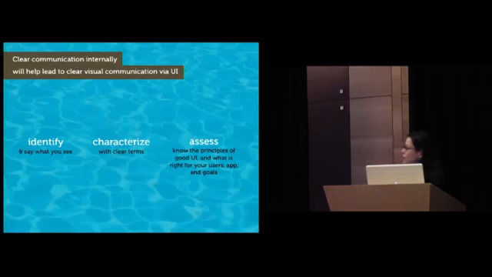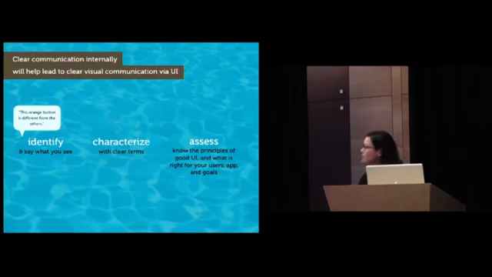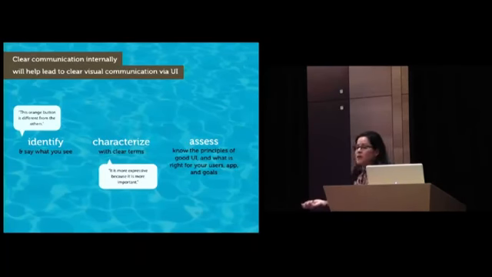So going back to what we looked at, we think about identify and say what you see. For example, this orange button is different from the others. Okay, just stating what we see. And we're saying what we're talking about specifically. I mean, we could say control, but that would be a little silly. We're going to characterize with clear terms. Well, this button is more expressive because it's more important.